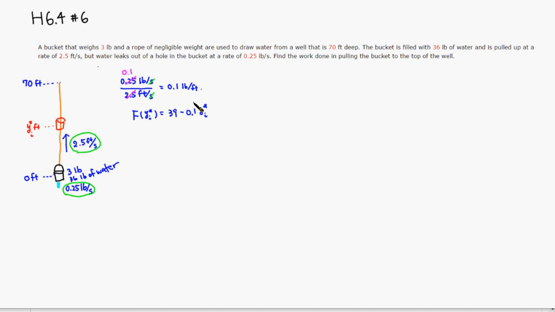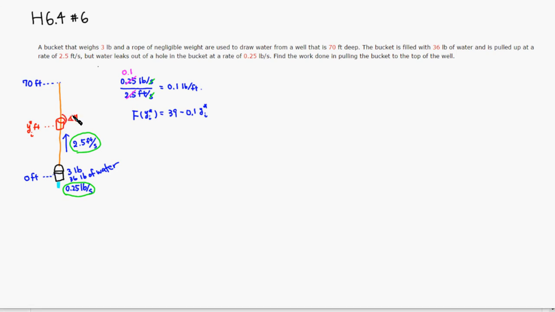So that would be the force. Then we want to think of work. We are going up just a little bit, so let's call it delta y.